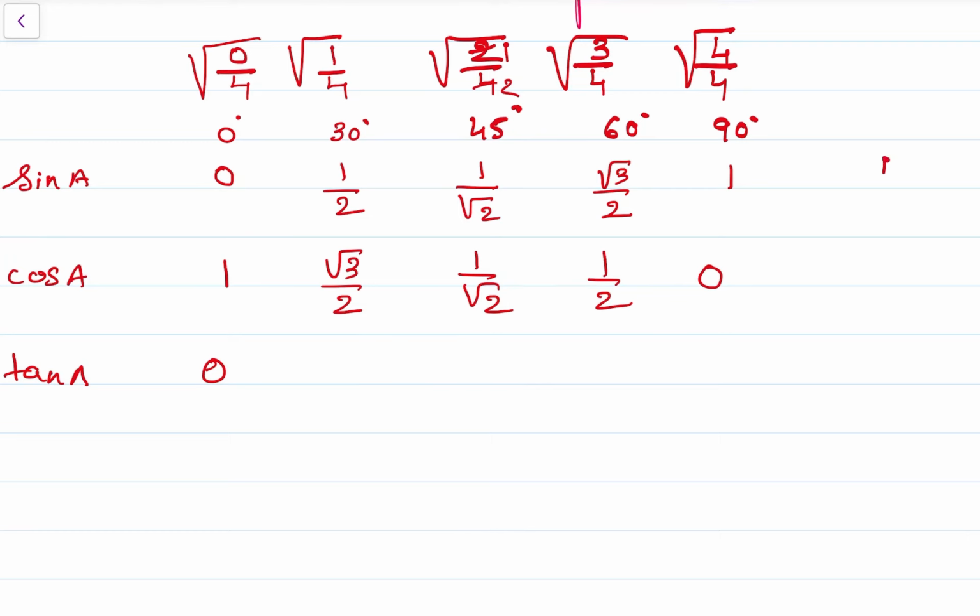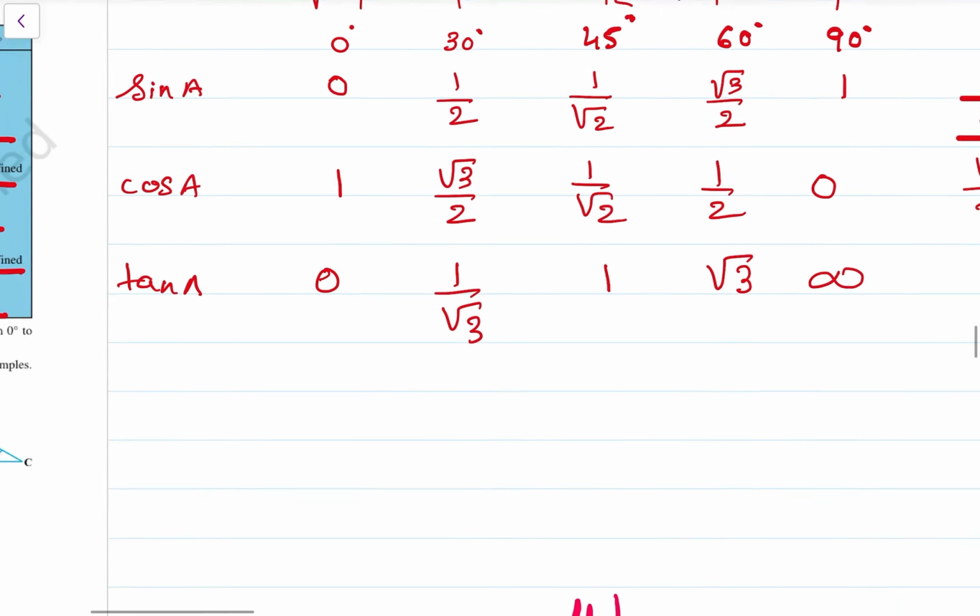When we solve 1 upon 2 upon root 3 upon 2, we get 1 upon root 3, then 1, then root 3, and here undefined.